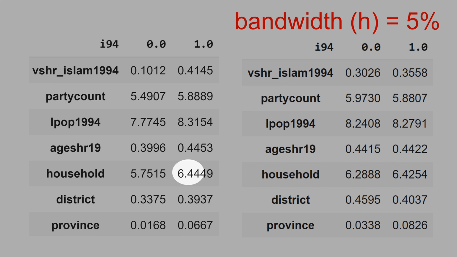See that in the Islamic municipalities, for the full sample, the household is bigger, 6.4 people against 5.7. The proportion of younger people is bigger as well, 0.44 against 0.39. But when you go to the regression discontinuity framework, you see that the treatment and the control are pretty similar.